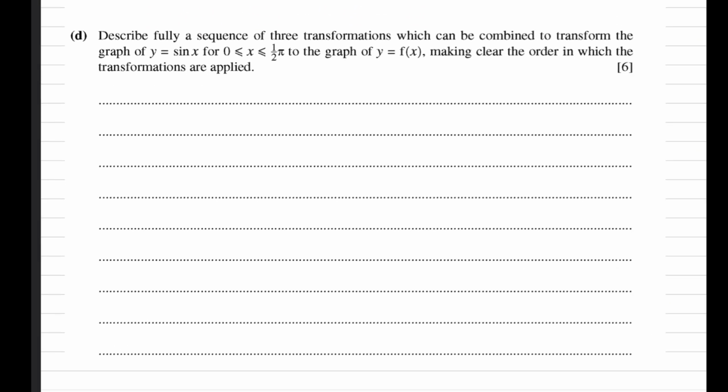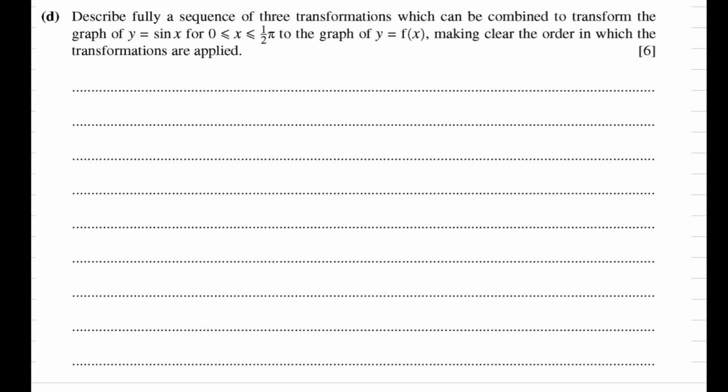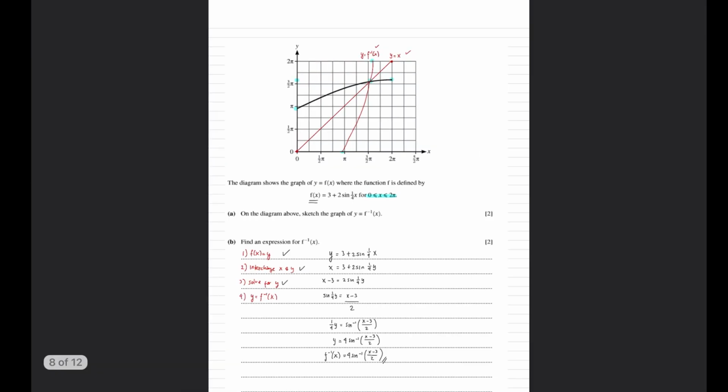The last question, describe a full sequence of 3 transformations which can be combined to transform the graph of y equals sine x, so this is our original function, to the graph of y equals f(x). What is y equals f(x)? This one, 3 plus 2 sine (1/4)x.